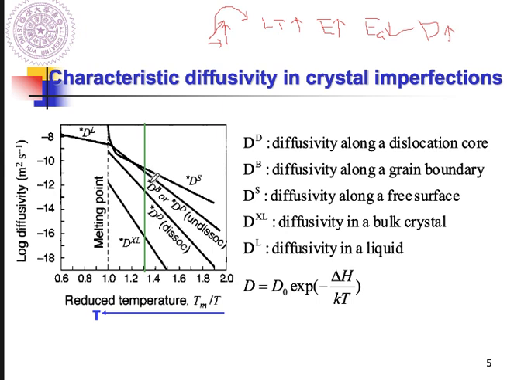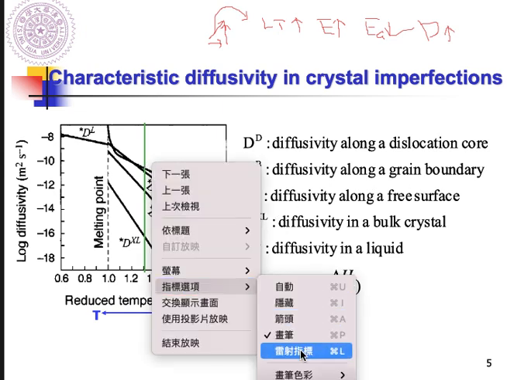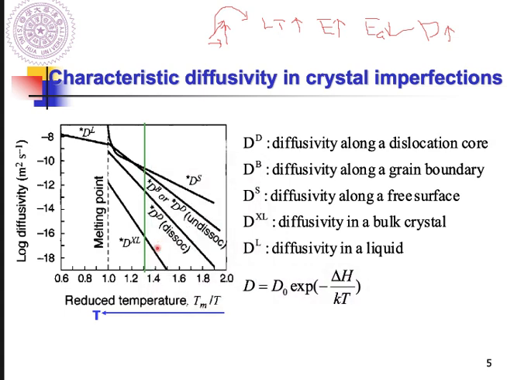And then the diffusivity along the grain boundary is also higher than the dissociated DD. This is the grain boundary. And the highest one at this temperature is the diffusivity along the free surface. Okay? So based on the experimental results, you find that the diffusivity in the crystal imperfection sites is higher than that inside the grain.